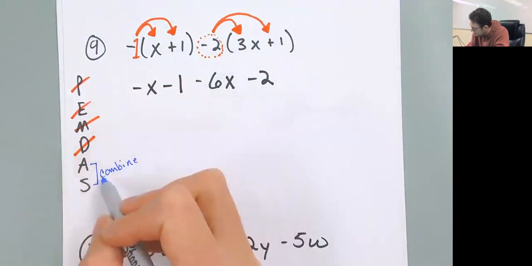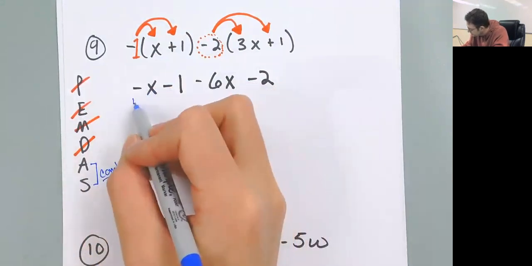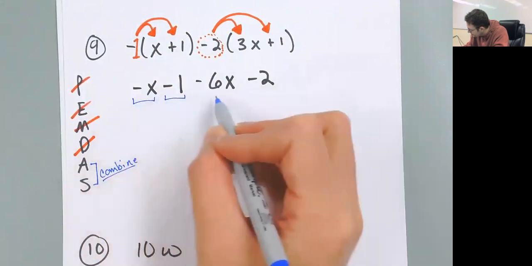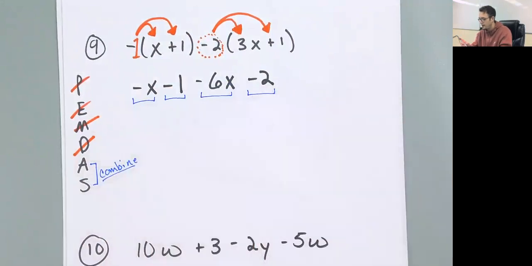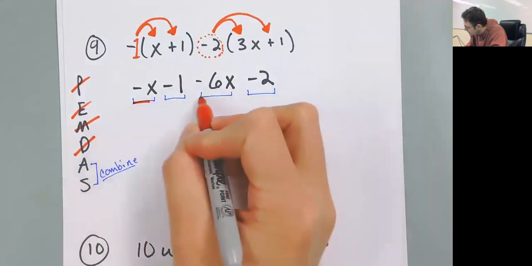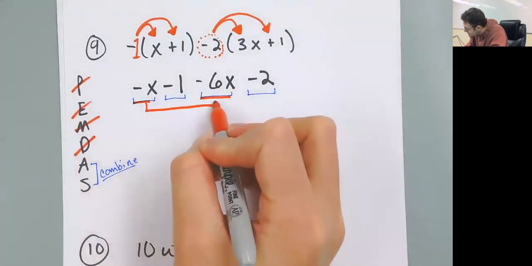Combine, all right, so I have this term, this term, this term, and this term. I'm going to do one step at a time. So the first thing I'm gonna do is combine the x's.